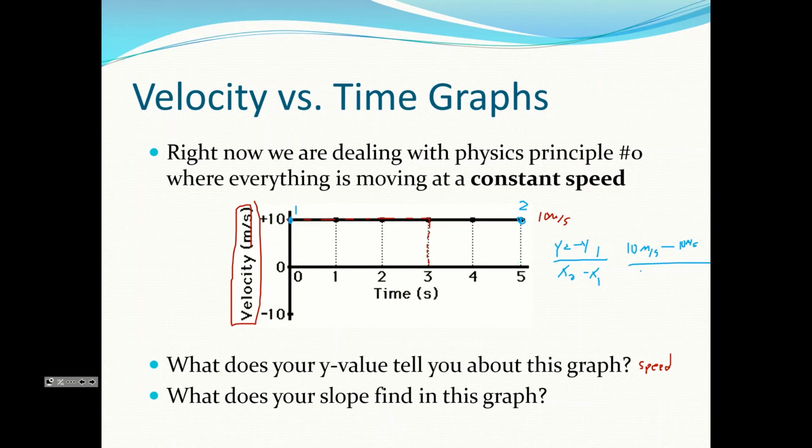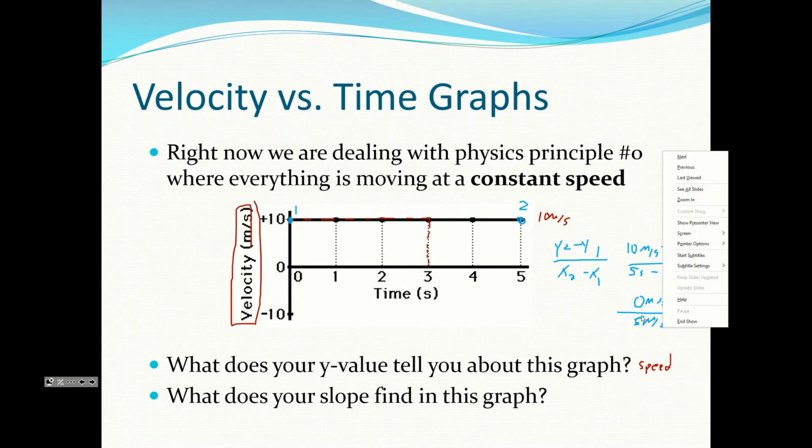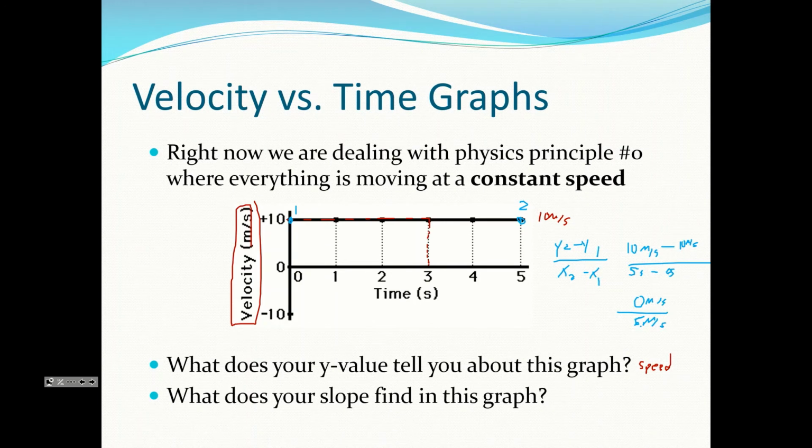And my time is 5 seconds, and then 0 seconds. So 10 minus 10 is 0 meters per second over 5 seconds. So 0 divided by 5 gives me 0.